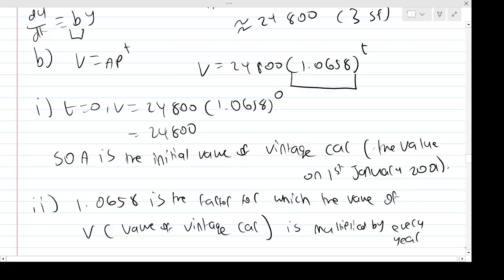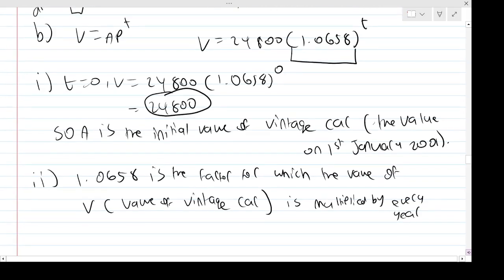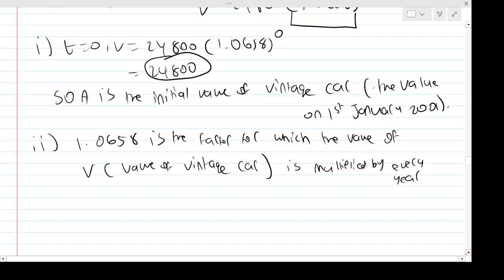So think about it. Initially it's 24,800. Then what this is saying is that every year I'm multiplying by exactly 1.0658. You can think of that alternatively, if you think back to GCSE when we looked at compound interest percentages, as a multiplier of a percentage.